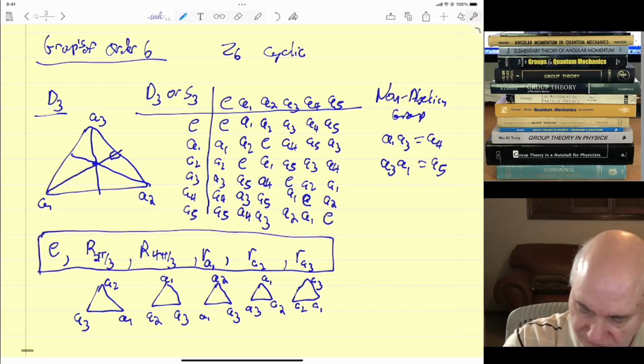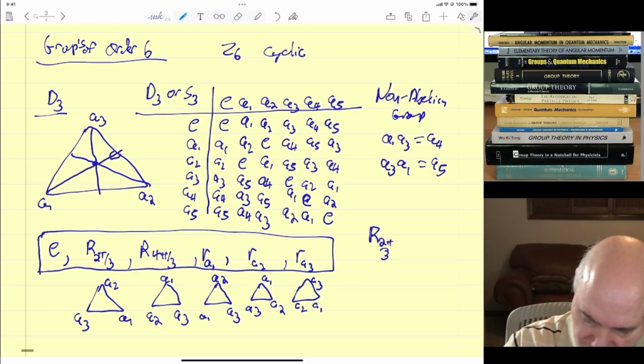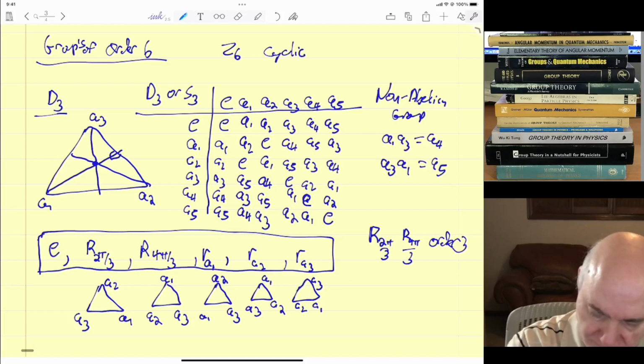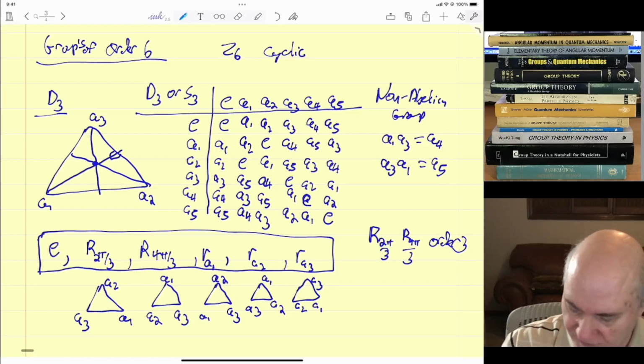And notice that it's easy to see that the elements R 2 pi over 3 and R 4 pi over 3 have order 3. So if I rotate by 120 and then another 120, then another 120, I get back to where I started. If I rotate by 240 and then rotate by another 240, I get 480, and then I rotate by another 240, I get 720, and I get back to where I started.